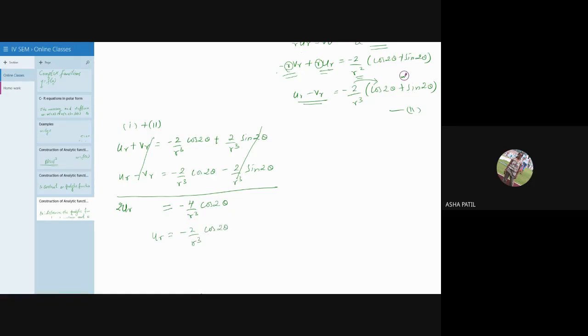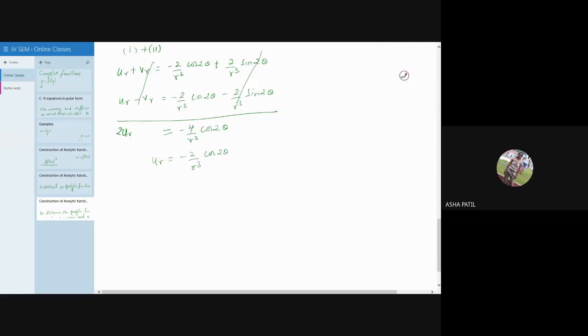Okay. Now, let us subtract the equations, equation 1 minus equation 2, so that we can get vr. Or else you can substitute this ur in one of the equations and see what vr is equal to. You can go that way also, or you can subtract. Let us subtract equation 1 minus equation 2.